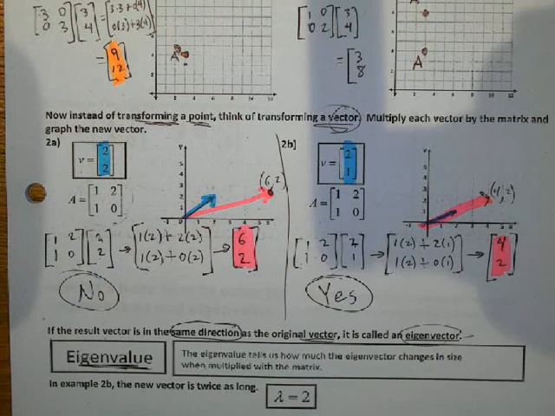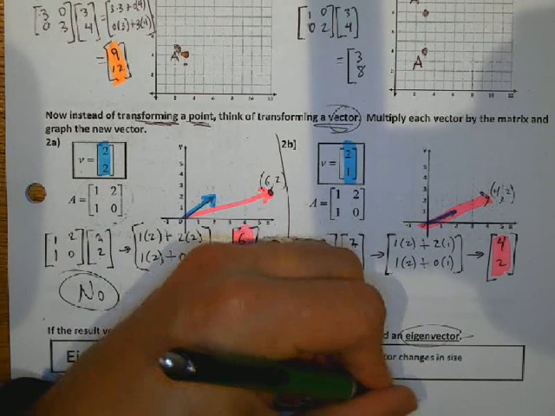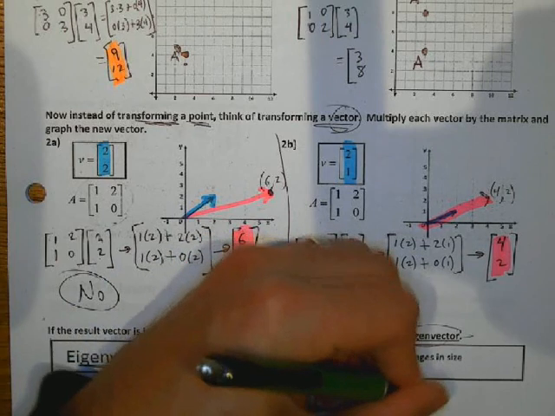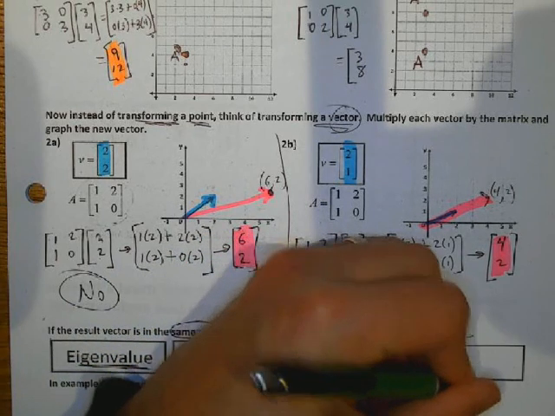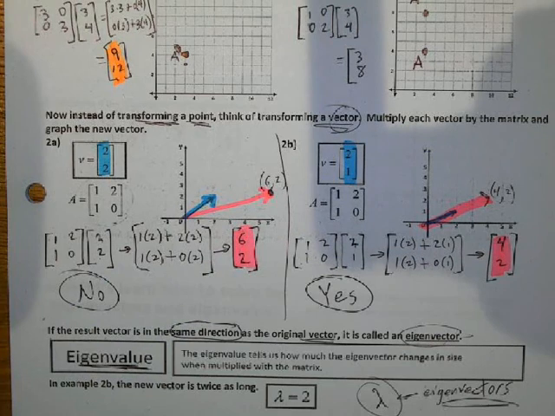Okay? And for eigenvalues we use the symbol lambda. You're going to be seeing this symbol a lot.